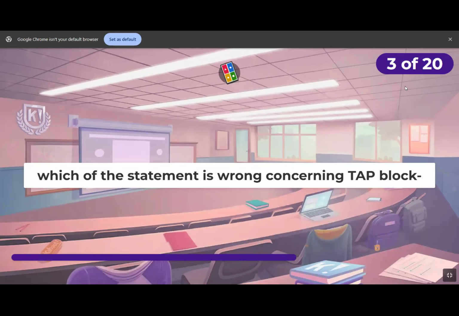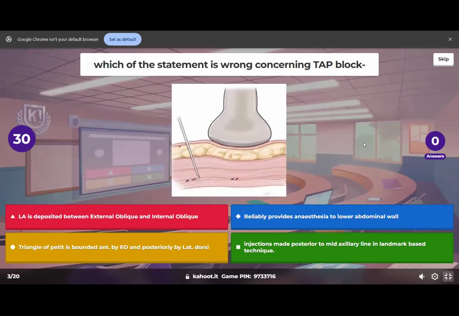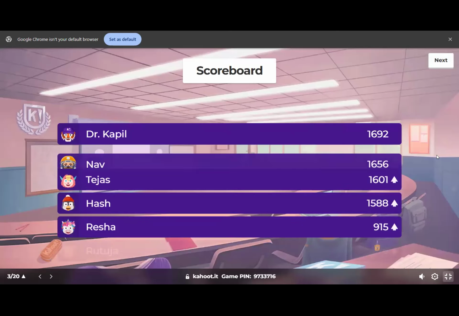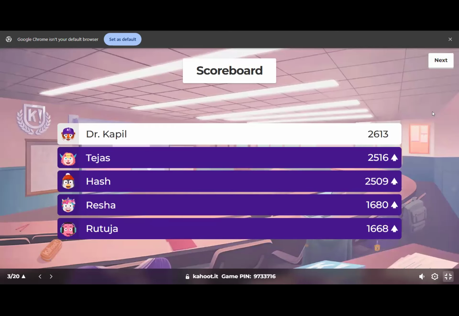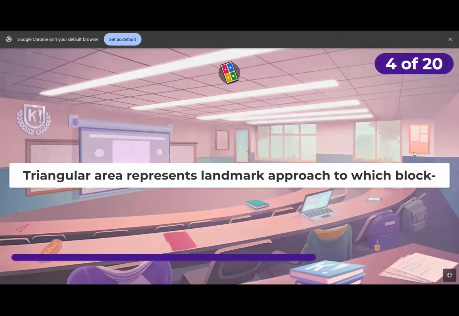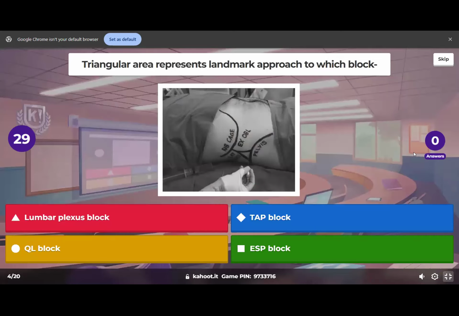Which of the statements is wrong concerning TAP block? Correct. I think Harsha has made my quiz very easy.